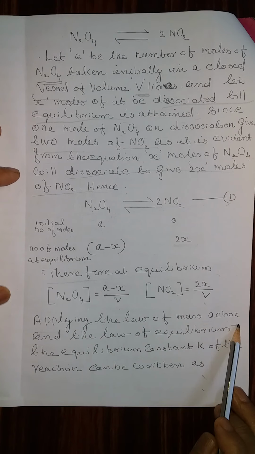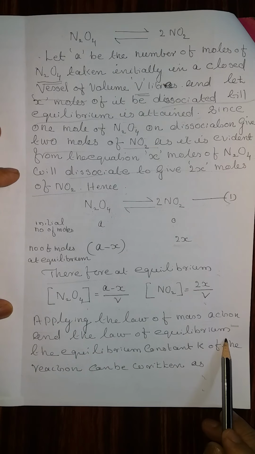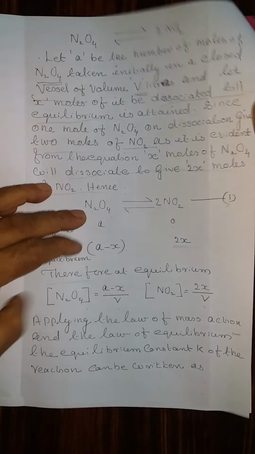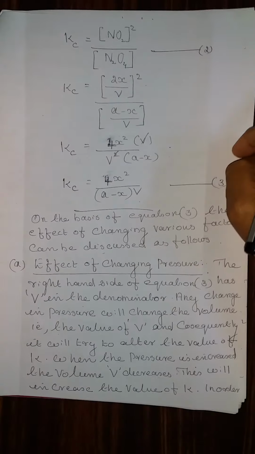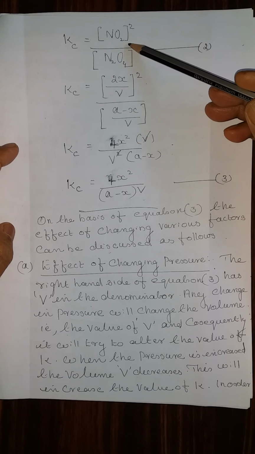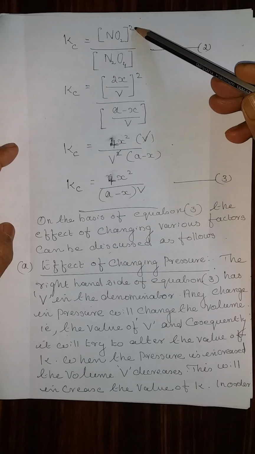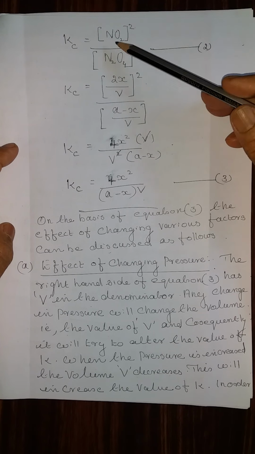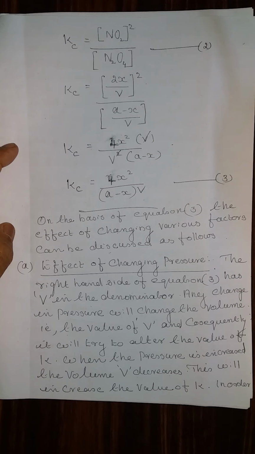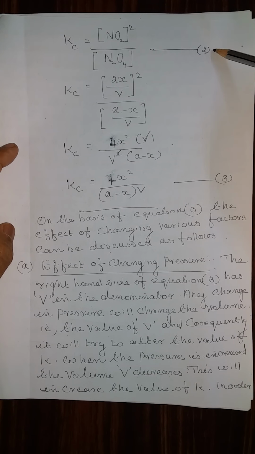Applying the law of mass action, the equilibrium constant can be written as Kc is equal to the concentration of NO2 raised to the power 2, that is the stoichiometric factor, divided by the concentration of N2O4. That is equation number 2.